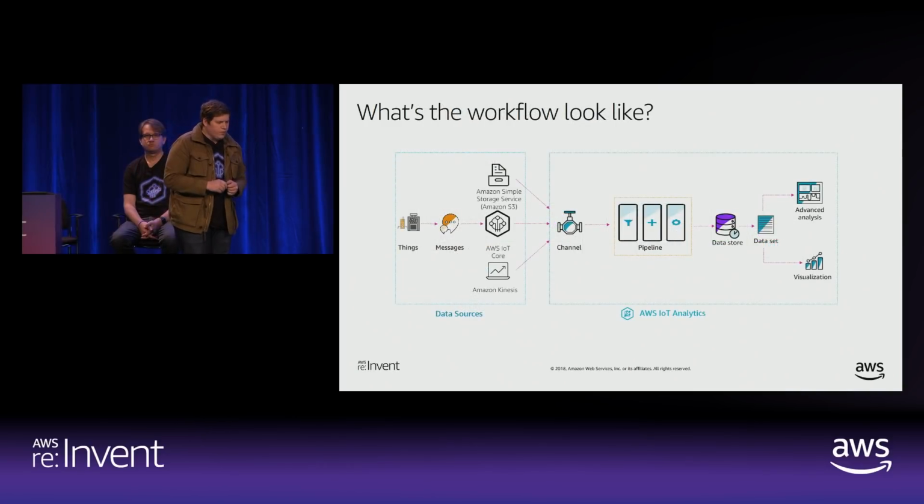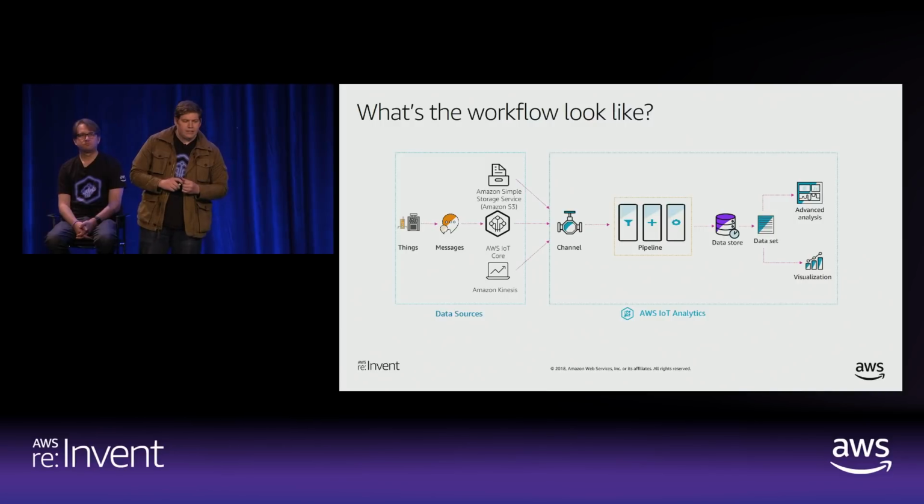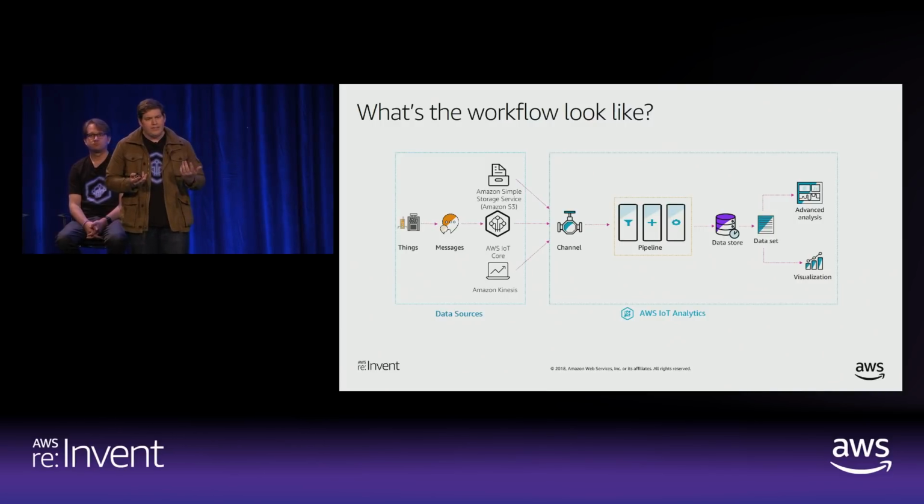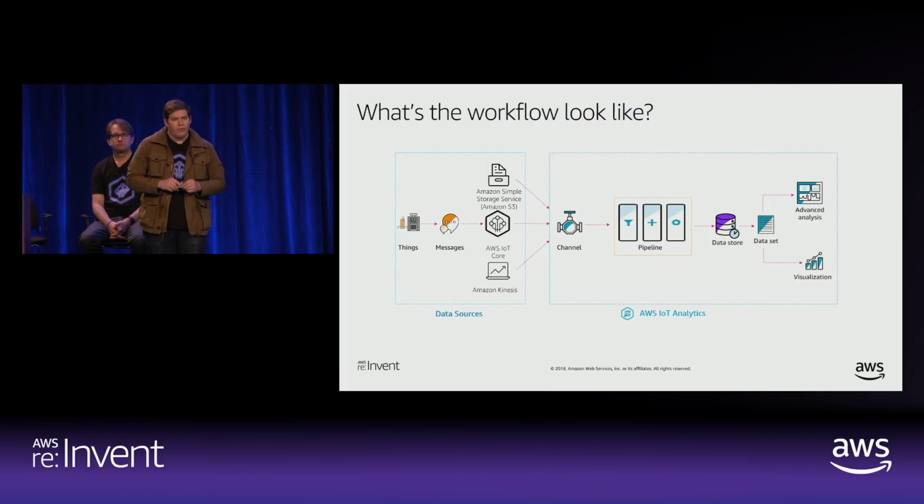So what does the workflow look like for IoT Analytics? Today, IoT Analytics is able to ingest data natively from IoT Core through the IoT Core rules engine. We can also ingest data from any other source, like S3 or Kinesis, through our put message API. That data makes its way into a channel. Channel is the entry point into IoT Analytics. That data will then be sent to a pipeline that you can author.